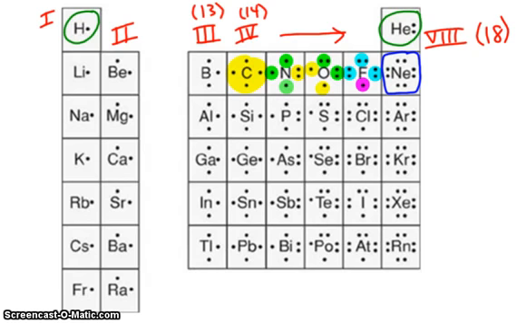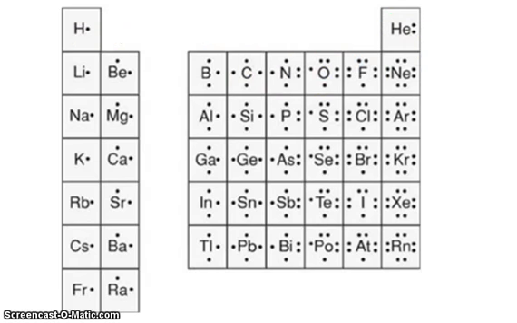So let me clear all this and just show you the 11 that we're going to really focus on. Hydrogen, carbon, nitrogen, oxygen, and fluorine, phosphorus, sulfur, chlorine, arsenic, bromine, and iodine. From those 11 elements, we will do the vast majority, all of our covalent bonding work.